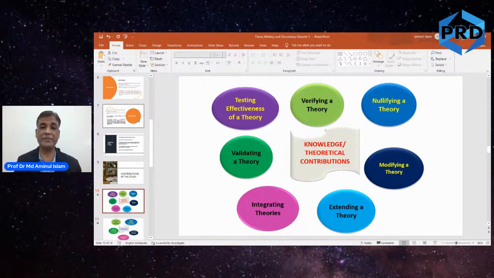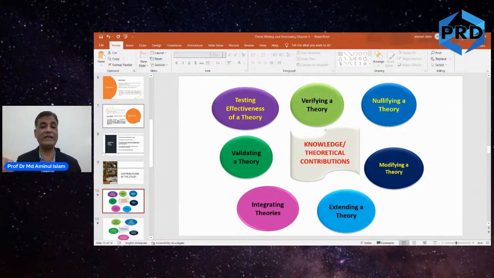New knowledge contribution may come through verifying a theory, nullifying a theory, modifying a theory, extending a theory, integrating a few theories, validating a theory, or testing the effectiveness of a theory. Any one of it would be a new knowledge contribution.